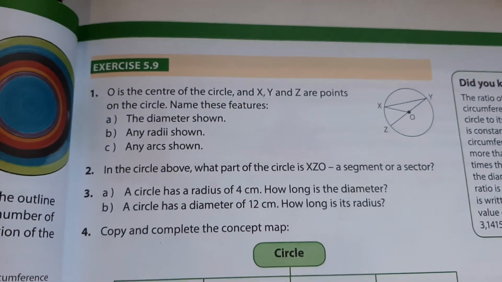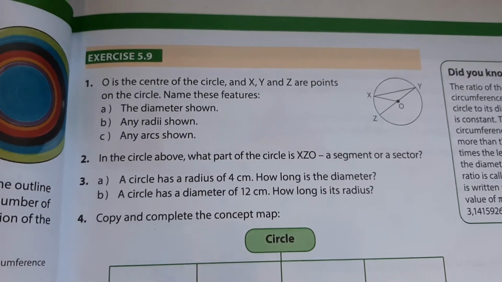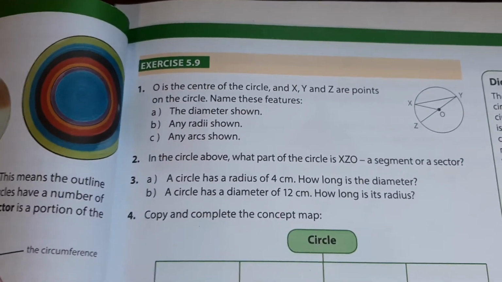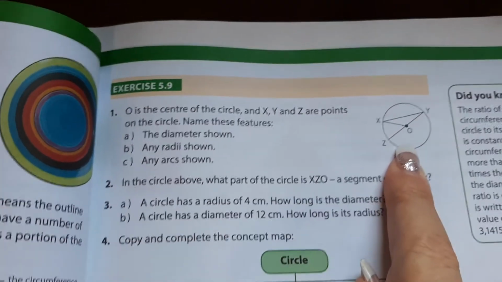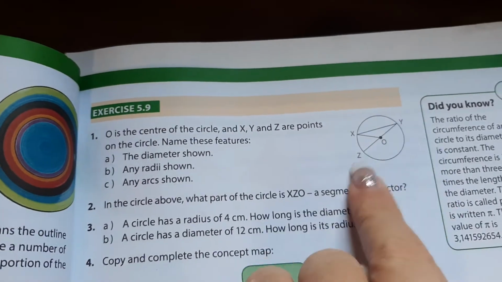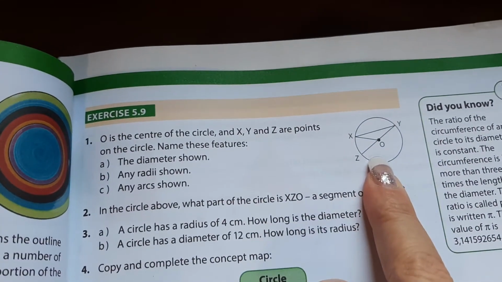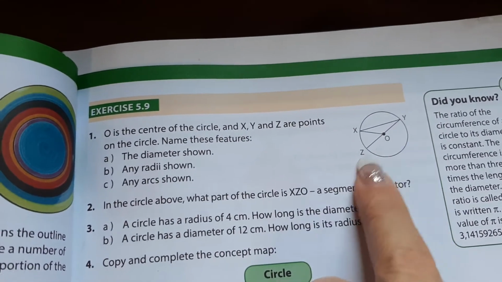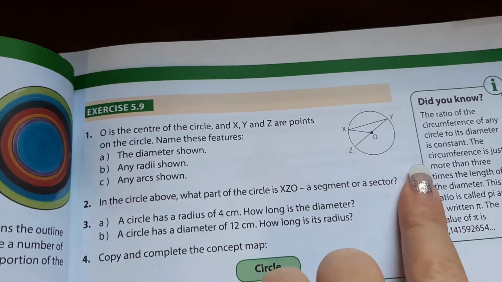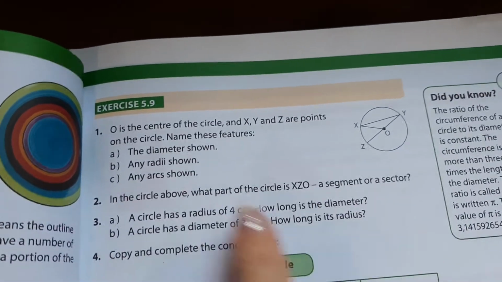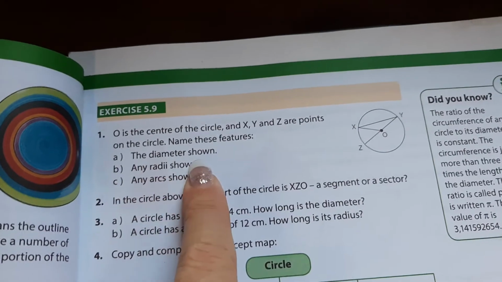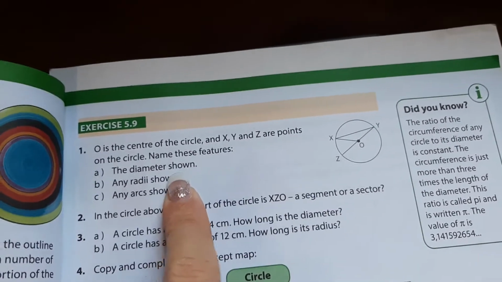Then I want you to do exercise 5.9 for me. Look at that circle. Refer back here if you get stuck. Look at these numbers that they gave you. Remember, we name lines and line segments by ZO or OY or OX or whatever. And when you have to show me the diameter, which line is the diameter?